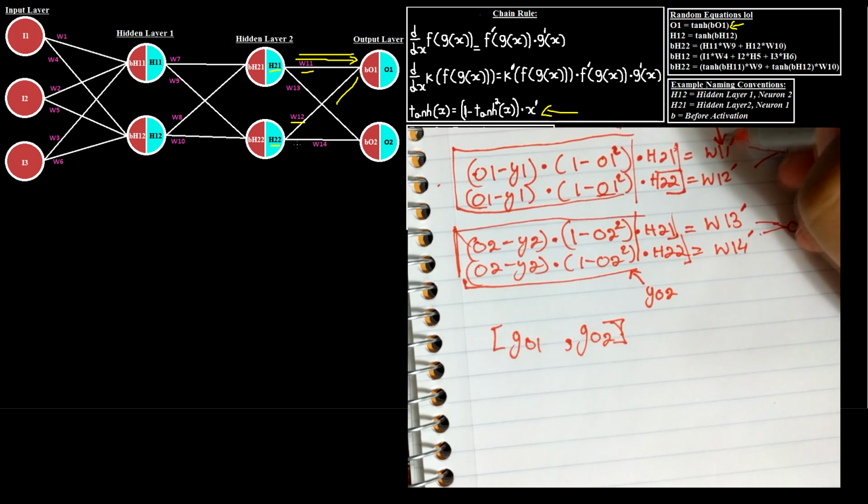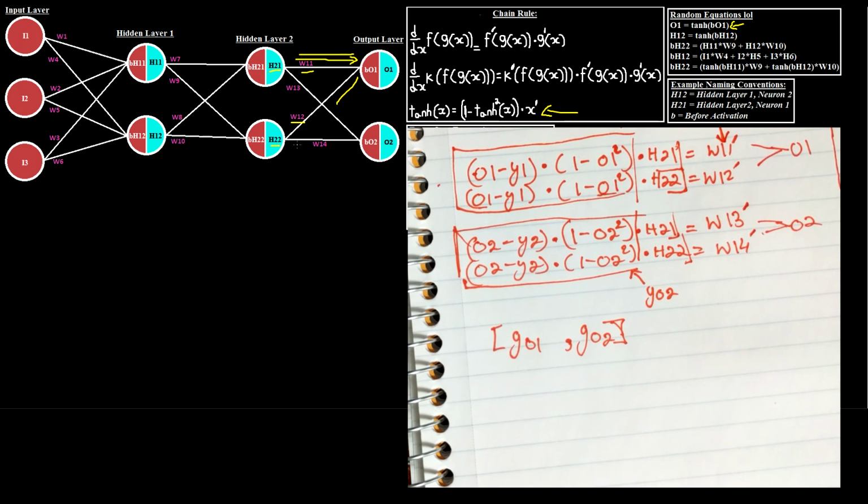So what I want to know is, what is the index of W11? Well, let's take a look at our diagram up here. The index of W11 is actually 0, because W11 is the first index connected to the output layer of output 1, and W12 is at index 1. So W11 is the 0th index and W12 is the first index, right?